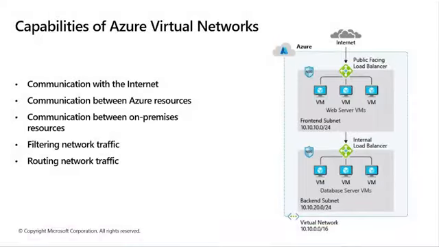Right in front of us, we can see some broad capabilities of Azure Virtual Networks. But before you run through the list on the left, take a look on the right-hand side here. We can see in front of us a structure of a virtual network. At the top end, we have the virtual network itself. It has a CIDR block that represents a pool of IPs that we can select.